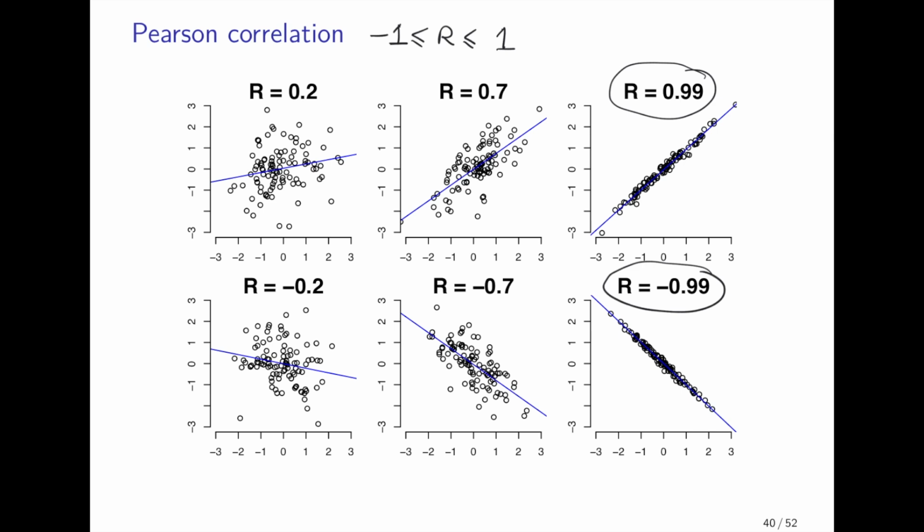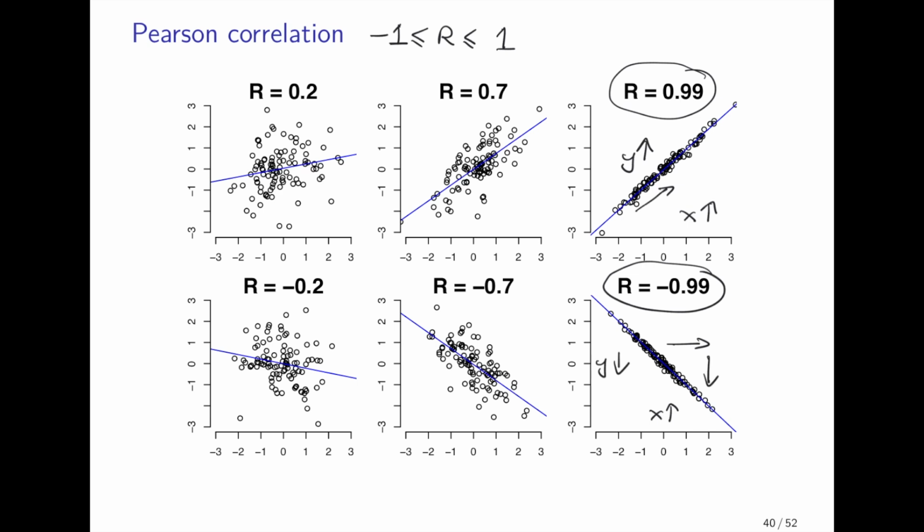And you can see as x increases, y also increases. Same thing if I have negative correlation very close to -1. Here we see if x increases, so if we go in this direction, then y will decrease. We will go down in the y direction. And likewise, the points are almost perfectly clustered along a straight line.